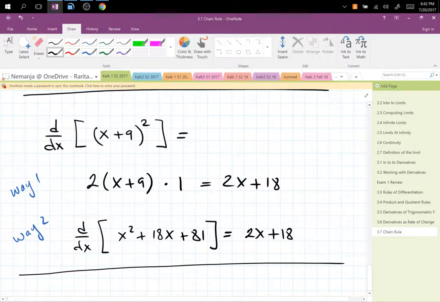But what are you going to do when this says 200? Are you actually going to FOIL? And the answer: hell no. Then in that case, chain rule becomes a must. Most of the time you use the chain rule. Most of the time it's beneficial, 95% of the time for any derivative in any course ever taken.